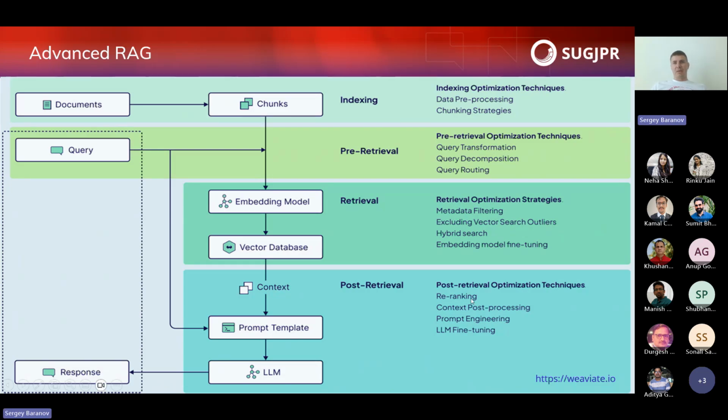Re-ranking is supported by many vector stores out of the box. Otherwise, you can ask your tool agent to re-rank retrieved documents. And the last one is LLM fine-tuning.